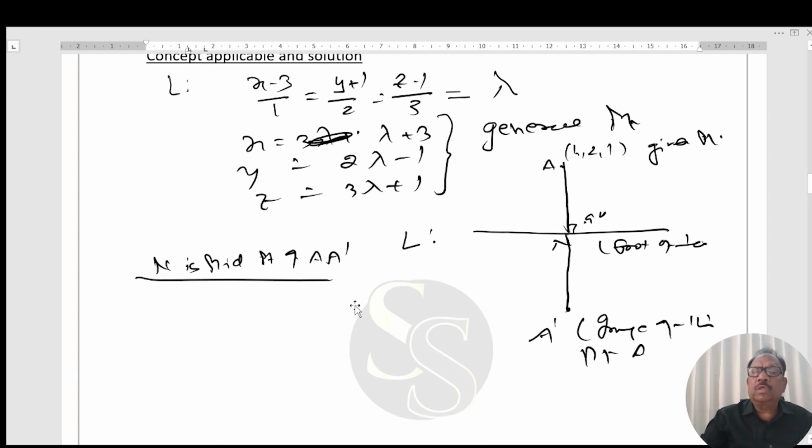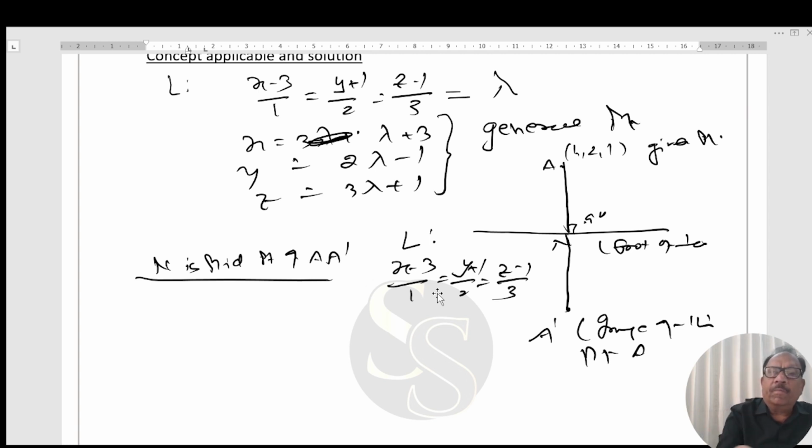Now, this line is x minus 3 upon 1, y plus 1 upon 2, z minus 1 upon 3.